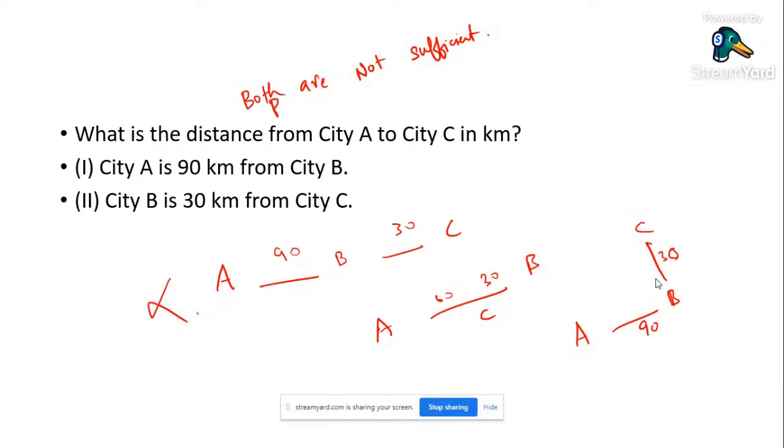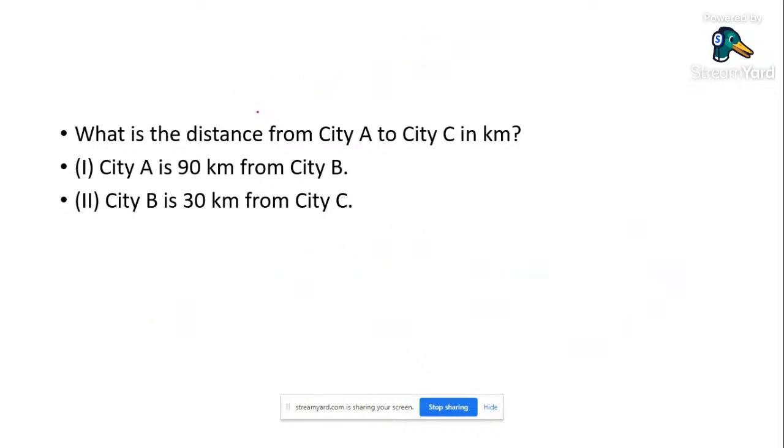Is it clear? Is it clear, Nikita? Okay, you want me to explain one more time? I'll do it. See, what is the question? What is the distance from city A to city C?